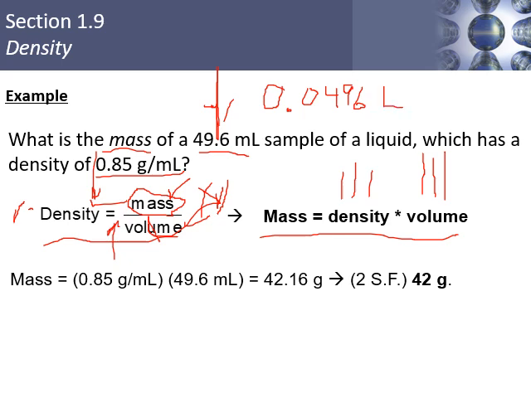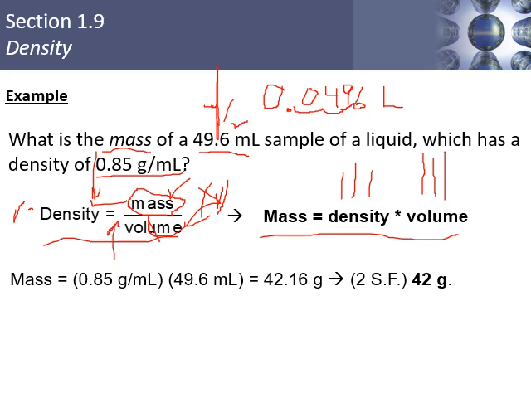Your conversion factor here is that there are 1,000 milliliters in a liter, right? So if you have 0.0496 liters, move the decimal place 3 places to the right, and that would be 49.6 milliliters, which is what you have here.